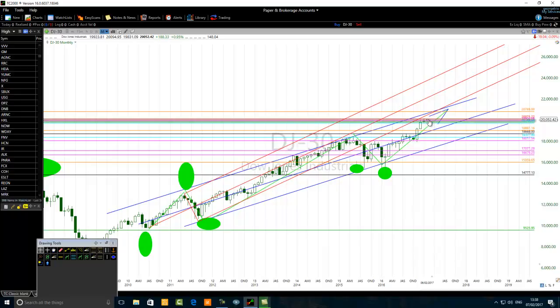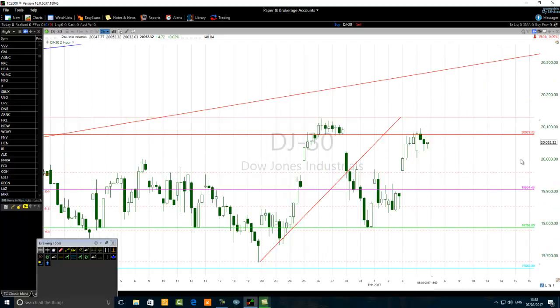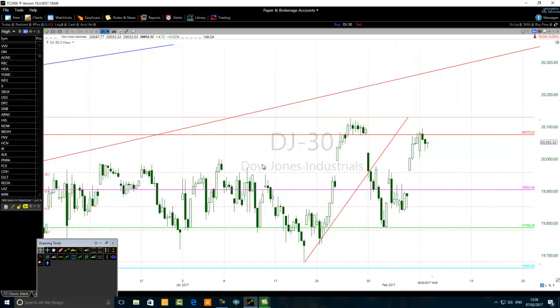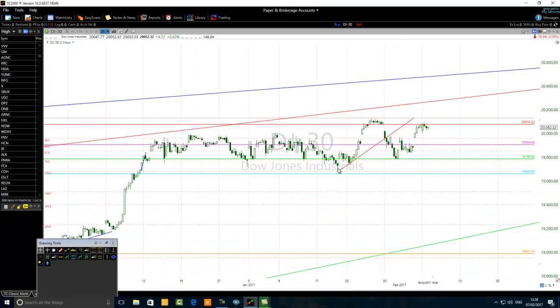So we are now at a resistance level, 20075. If we go, for instance, to the 2-hour time frame, you see that's the level here, 20075. From the monthly chart, you see the reaction probably on the hour. We are now on the 2-hour time frame. Probably run fast into that zone.